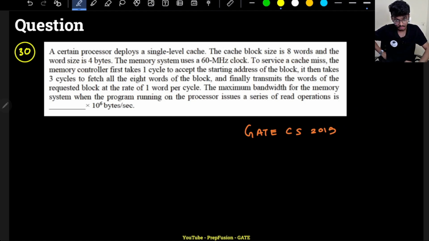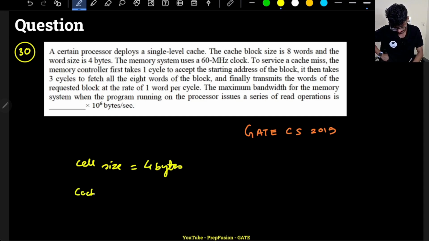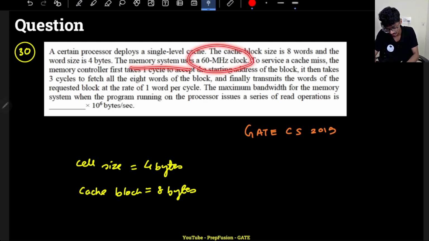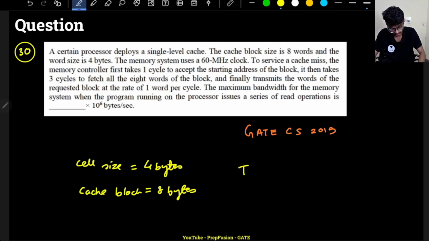So each main memory cell size is 4 bytes because the data transfer happens in words, and my cache block size is 8 words. Now the memory system uses a 60 megahertz clock. What will be the T clock? They have given me the F clock.